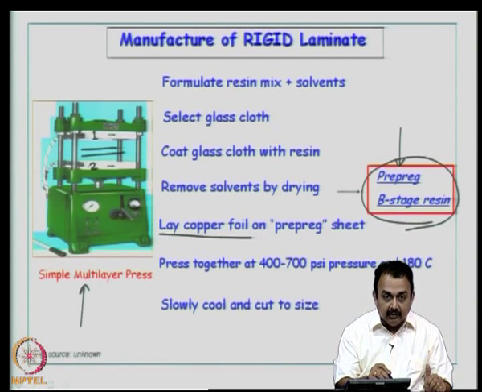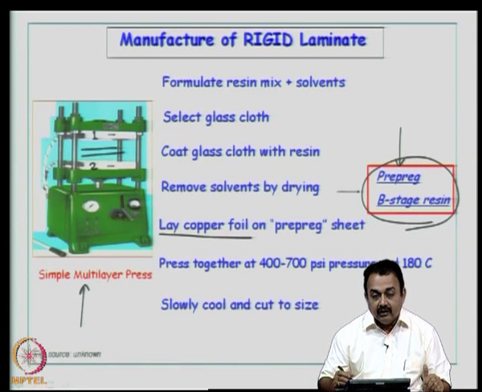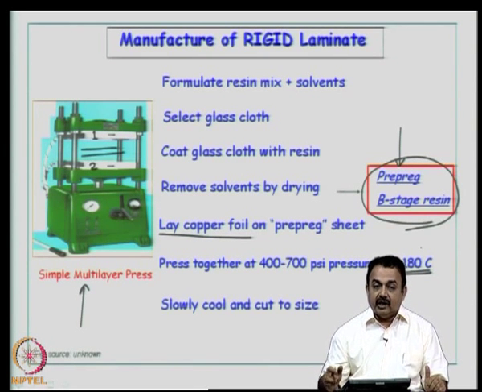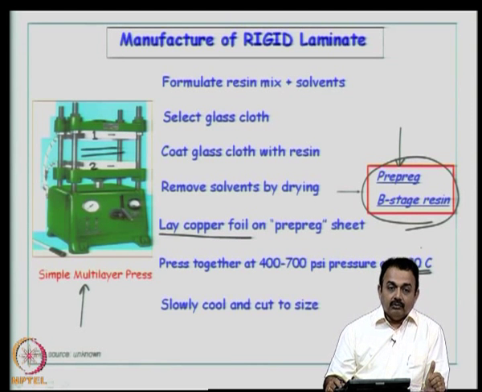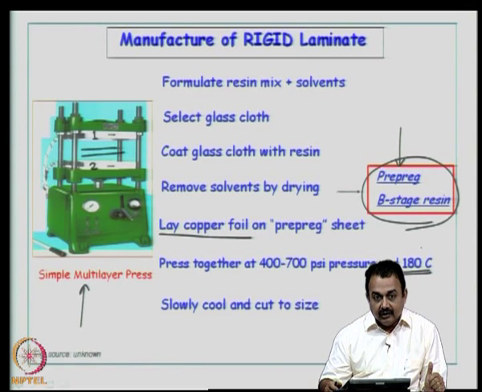You can have multiple structures and then apply pressure, apply load and keep it at a constant temperature like 180 C, and timings are also important. Now, the epoxy resin will ooze out, okay. It will bond well with the surface of the copper.